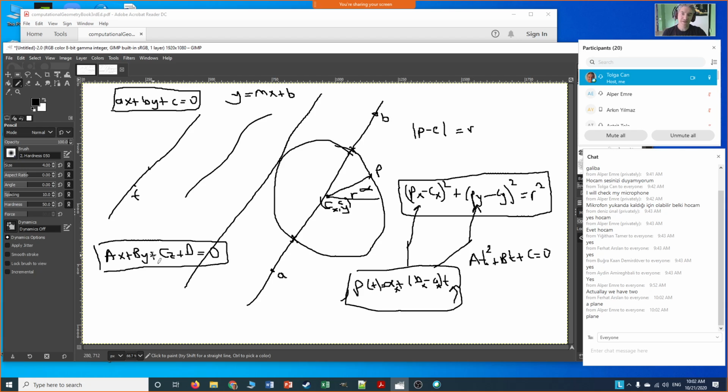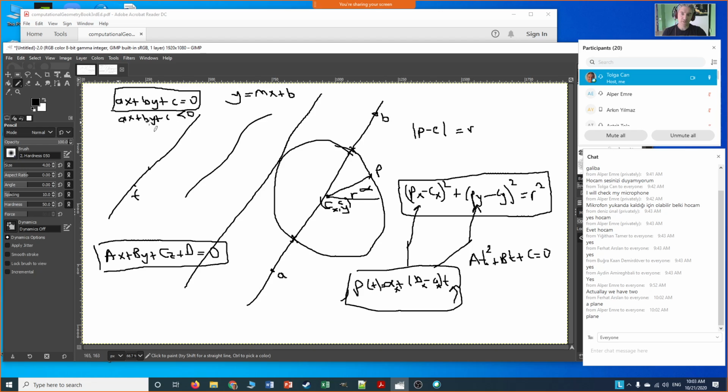So something linear in 2D gives a line like this. The reason I mentioned this is that equality gives you the line. What if I make it less than 0? What kind of an object is this? ax plus by plus c is less than 0.